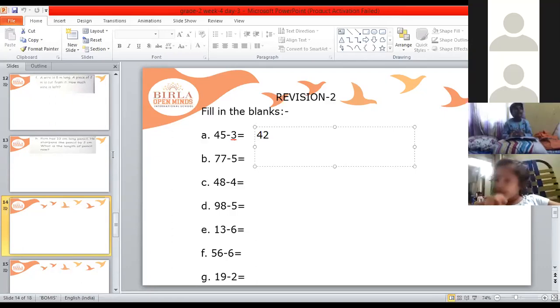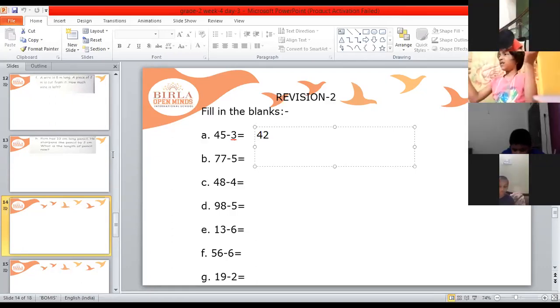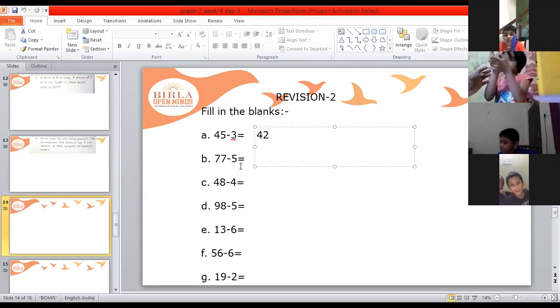Okay, so after the minus sign, the number is 5. Suryansh? Yes, ma'am. So this is 77 minus 5. After the minus sign, what is the number? 5. So how many steps backward will we go? Show me your 5 fingers quickly.